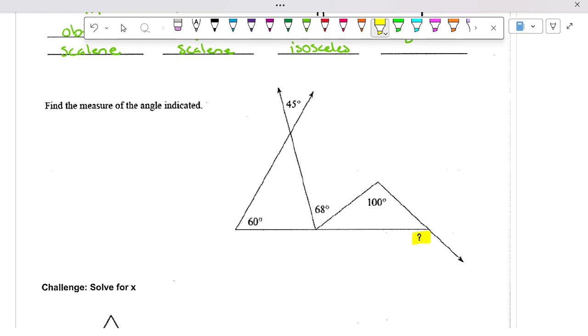You can talk to the others if you want. So maybe like you have 45 and 60.